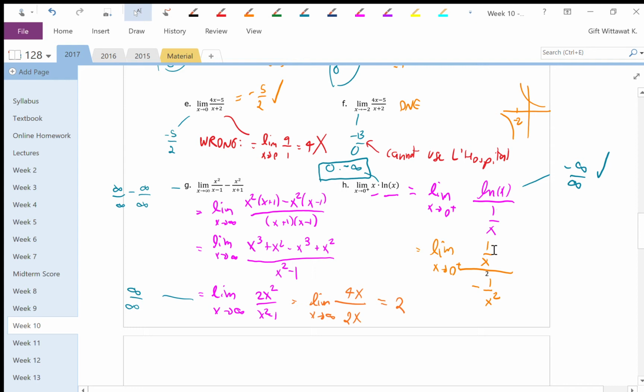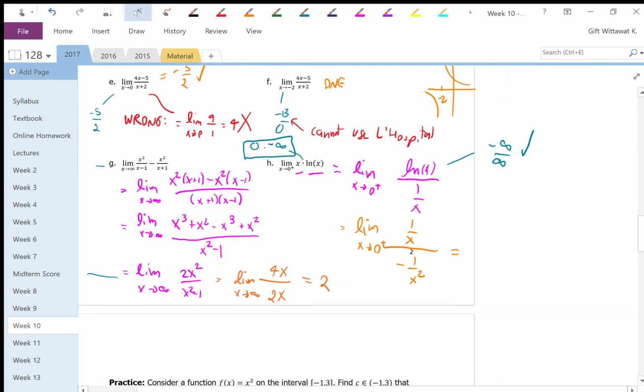Now, if you were to plug in 0, you'll get infinity over infinity. But you can see that this guy, it just looks the same. I can simplify this first before I take the limit any further. So let's see what this is. This is the same as the limit when x goes to 0 of 1 over x times negative x squared over 1.